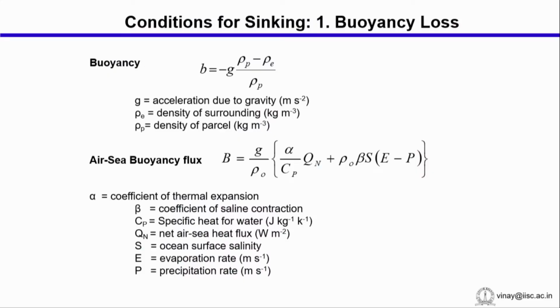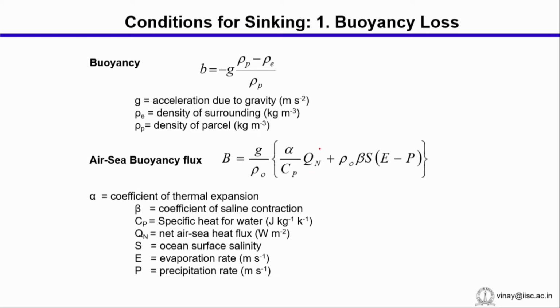That is called the air-sea buoyancy flux, given by this formula: capital B equals g by rho_0, alpha by Cp Qn plus rho_0 beta S (E minus P). g again is acceleration due to gravity, and rho_0 is the density. Alpha is the coefficient of thermal expansion of seawater, and beta is the coefficient of saline contraction of seawater.